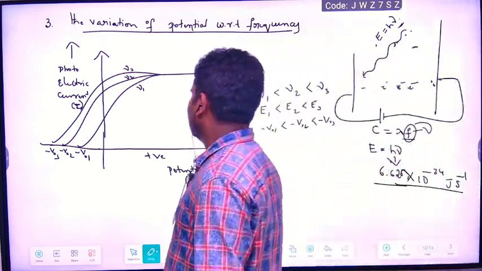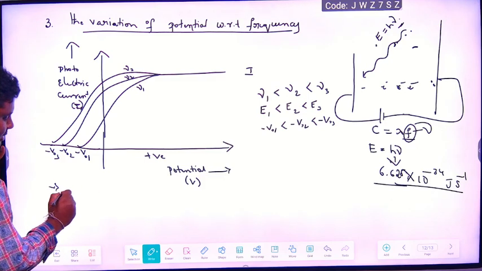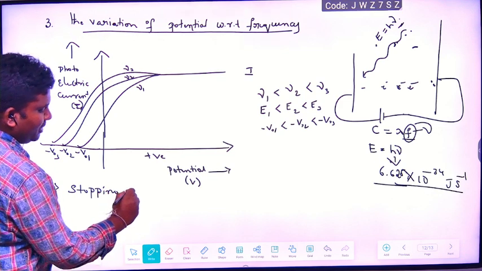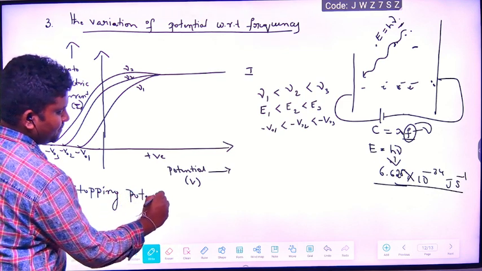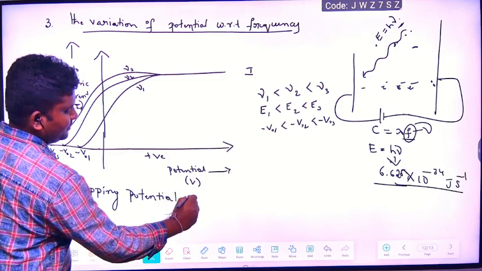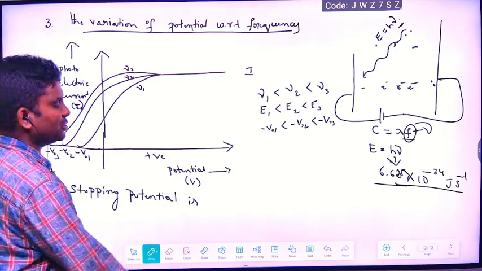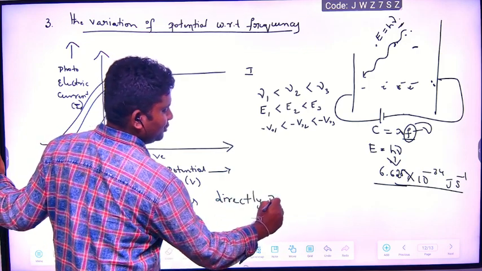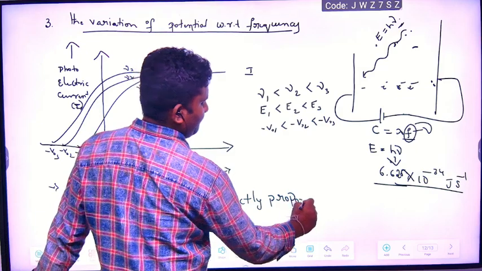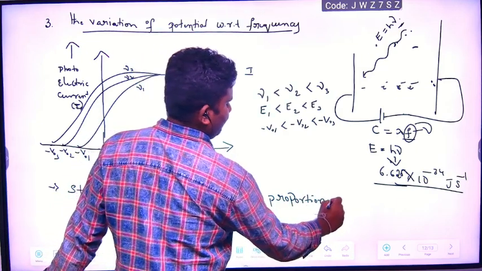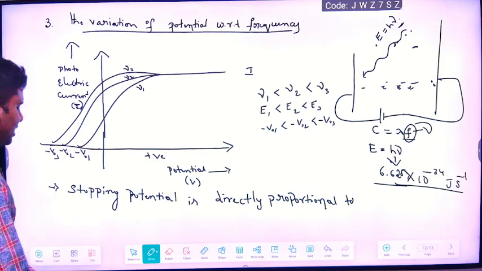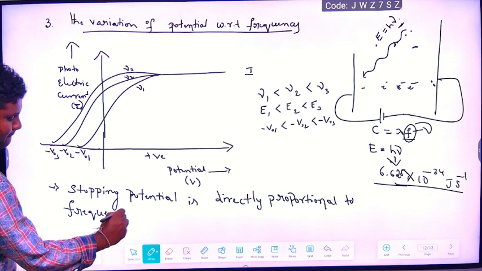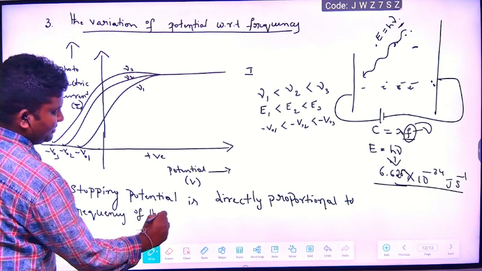So you need to write here, the conclusion is that stopping potential is directly proportional to, please write down, the frequency of the incident light ray.